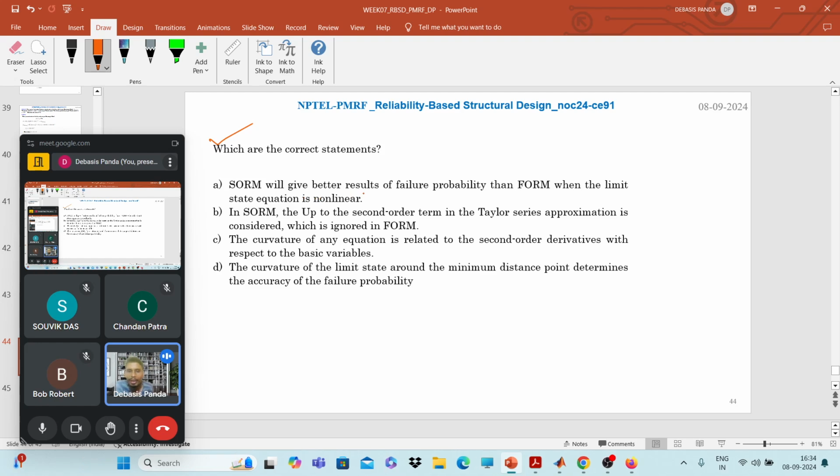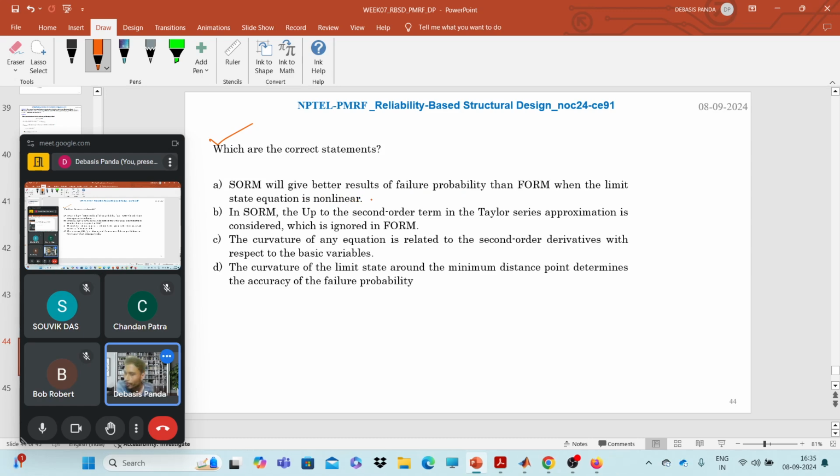SORM will give a better result of failure probability than FORM when the limit state equation is nonlinear. Tell me, Bob, is it correct or not? The second order reliability method will give better results of failure probability than FORM when the limit state equation is nonlinear. Is the statement correct?